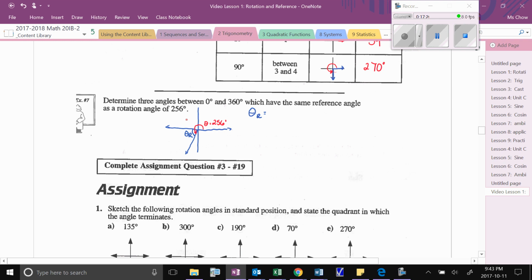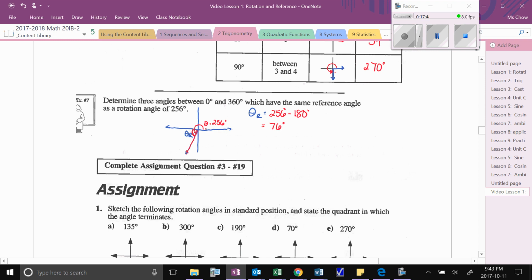You can see I've drawn in my terminal arm for an angle of 256 degrees. I've indicated my reference angle right there. We know that's going to be how many degrees past 180? So 256 degrees minus 180 degrees gives us a reference angle of 76 degrees.